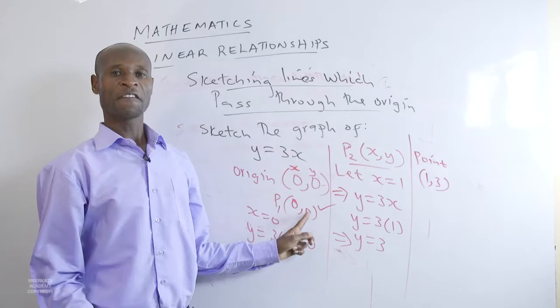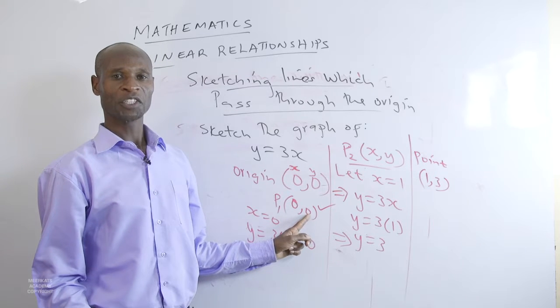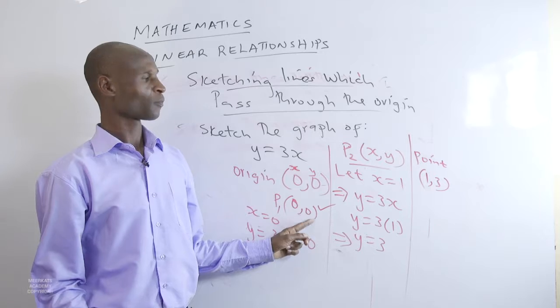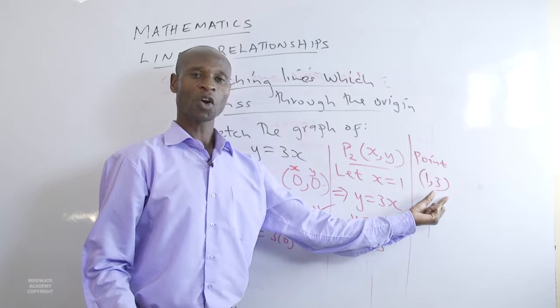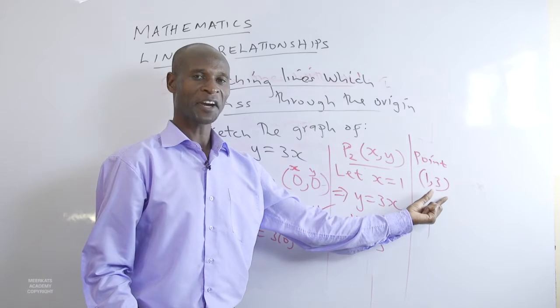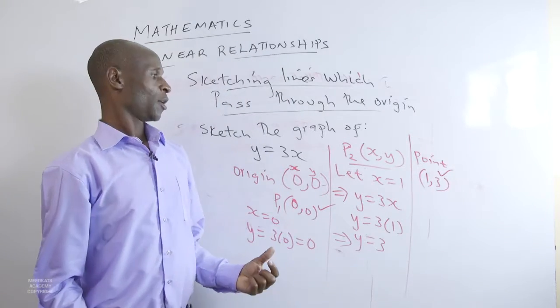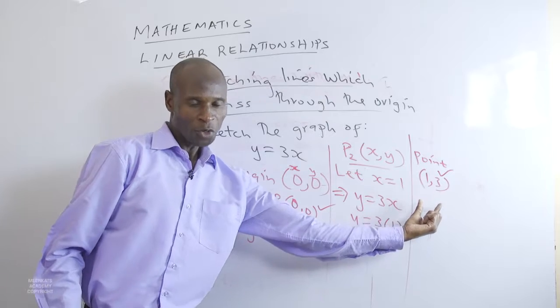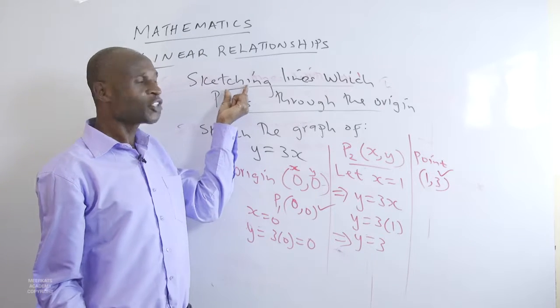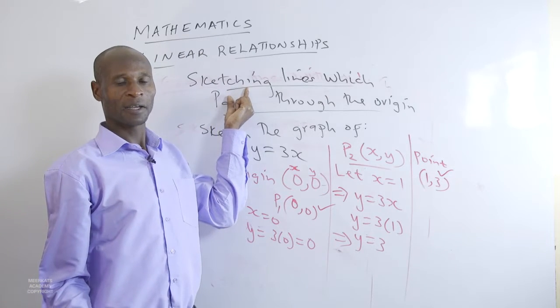We therefore pick the first point, which is the origin, 0, 0. We pick the second point, which we have derived, 1, 3. We now go ahead and use the 2 points to sketch the linear graph.